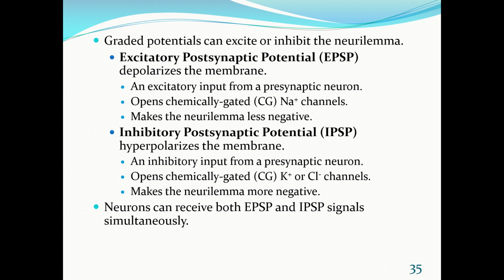So neurons can receive both excitatory postsynaptic potentials and inhibitory postsynaptic potentials simultaneously. And notice that excitatory postsynaptic potential is abbreviated EPSP, and inhibitory postsynaptic potential is abbreviated IPSP.